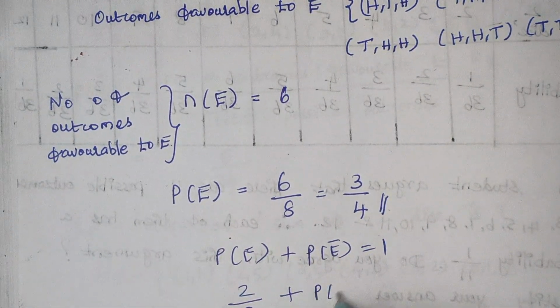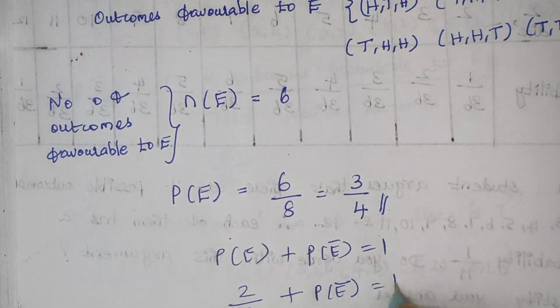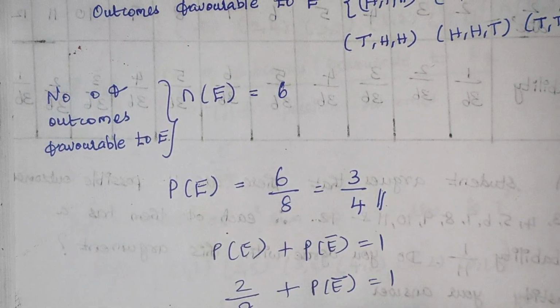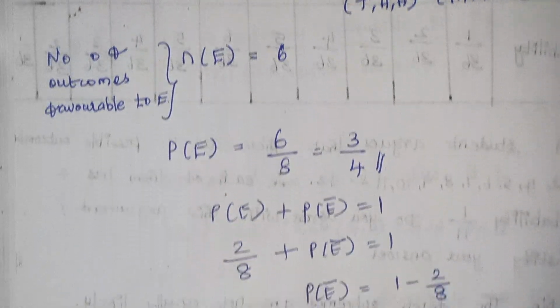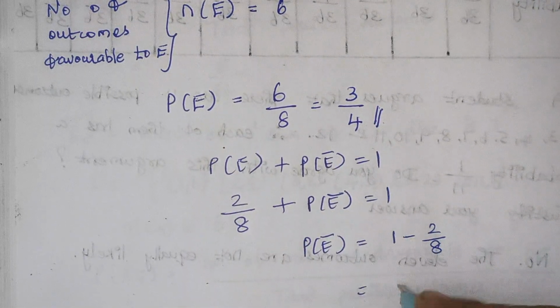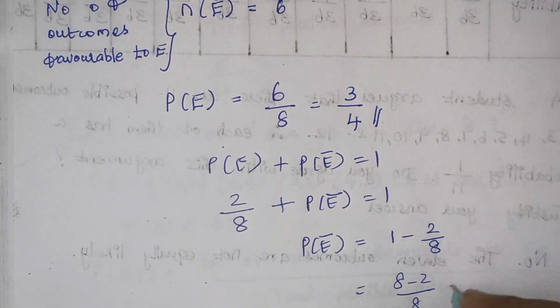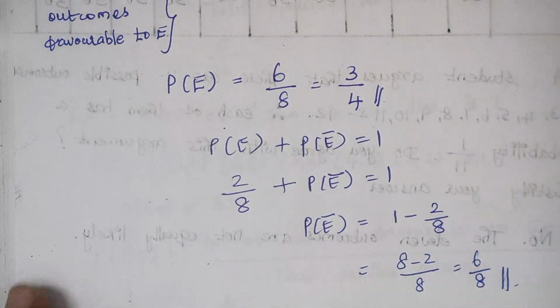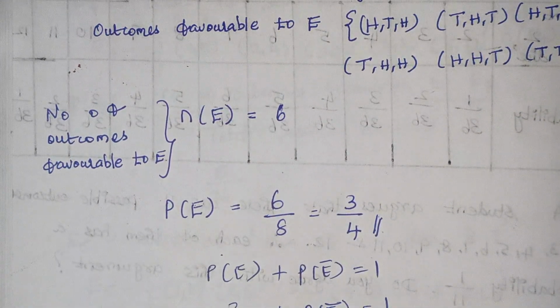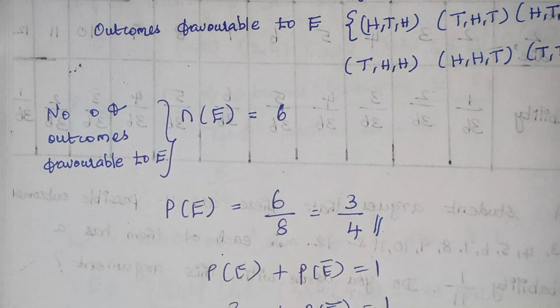Plus the probability of Hanif not winning the game is equal to 1. So the probability of Hanif not winning the game is given by 1 minus 2 by 8, which is obviously 8 minus 2 by 8, which is 6 by 8. So finally we are having the same answer. In any way you can solve this problem.